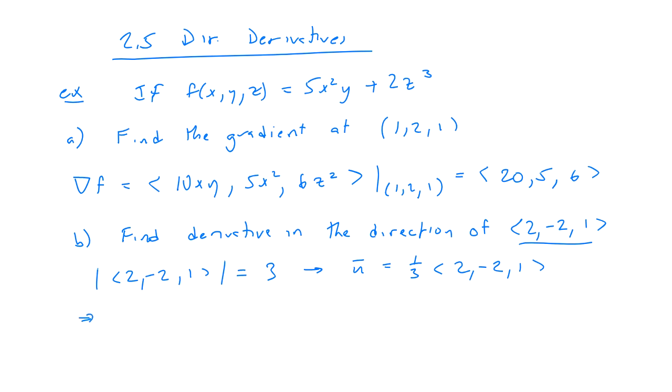Right, so the dot product. So we're going to do the 20, 5, 6 dotted with the 1/3 times 2, -2, 1, which is 40, minus 10, plus 6, over 3, which is 12.